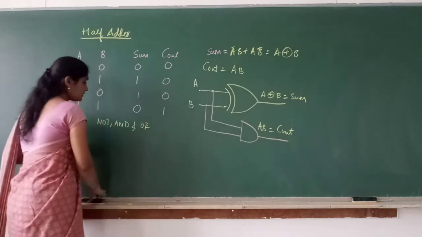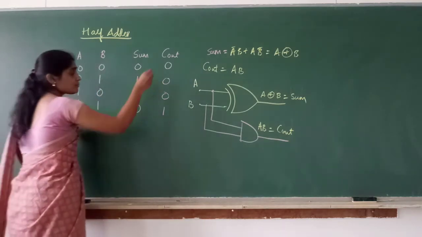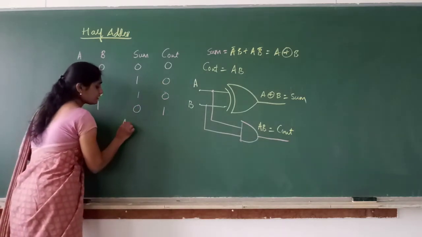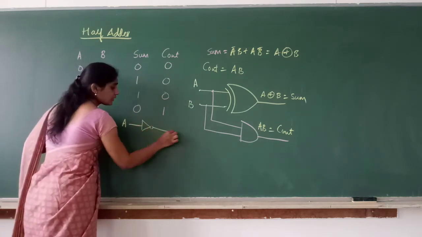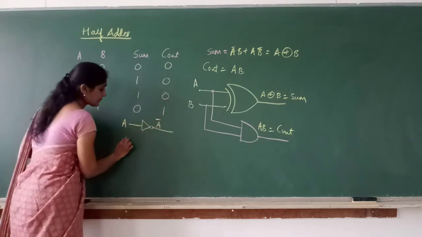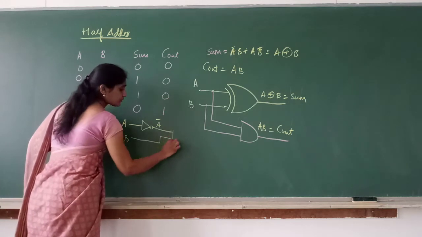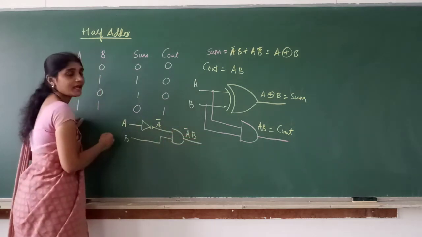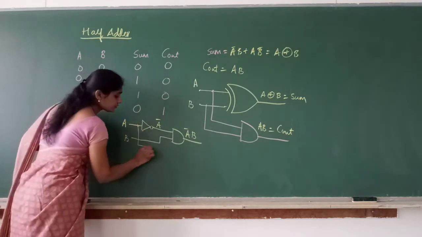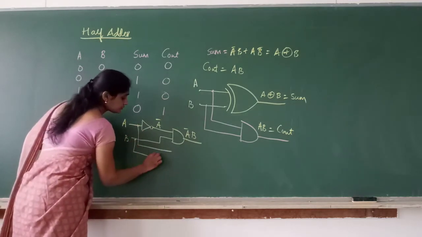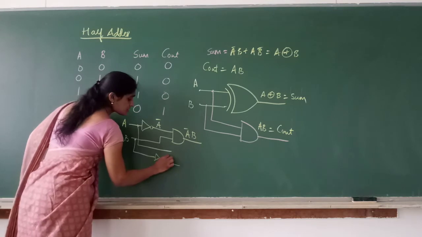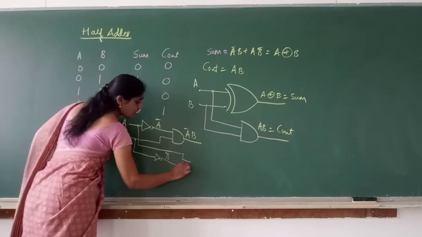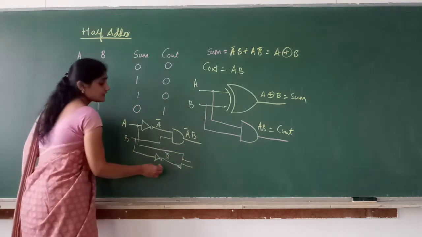Just look at the circuit. Sum is what? A bar B. So take A bar B. So this will be A bar B. Next is what? A B bar. Take A B bar. So this is B bar, so A B bar. Give these two to another AND gate.